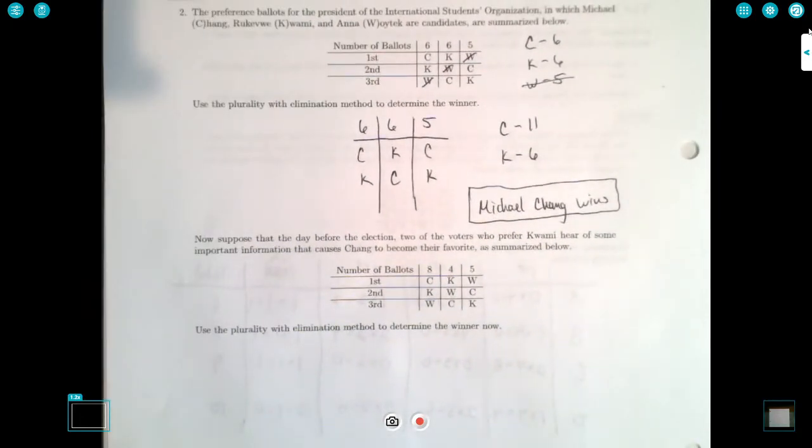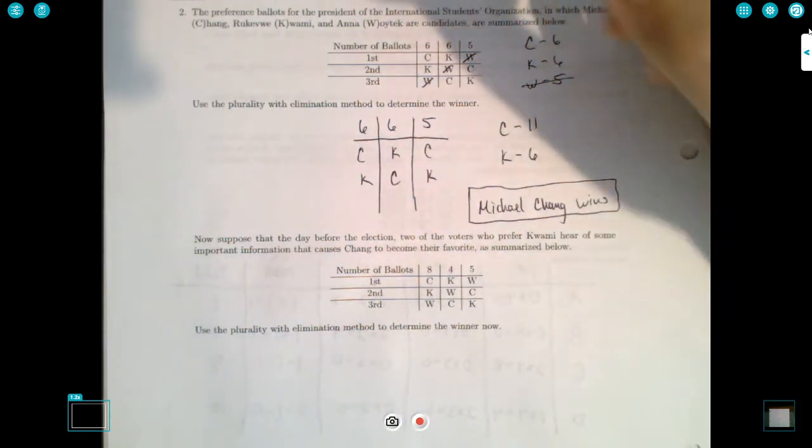Now suppose that the day before the election, so we're kind of going back in time, we're pretending that 2 of the voters who prefer Kwame hear some important information that causes Chang to become their favorite. So they change their votes, right?